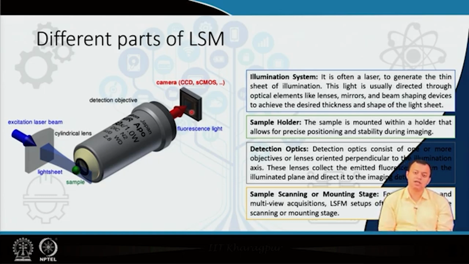Previously, in a 3-dimensional structure like a cell or a bacteria, you have put fluorophores connecting at different parts of your interest, and then it is light-sliced one plane at a time.